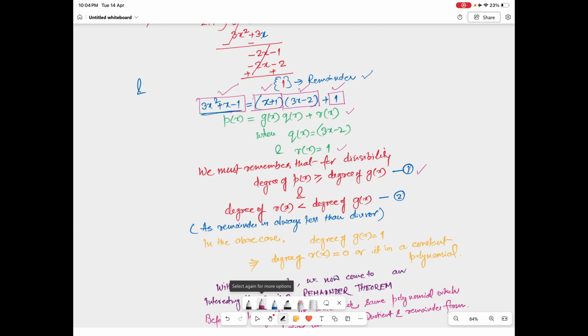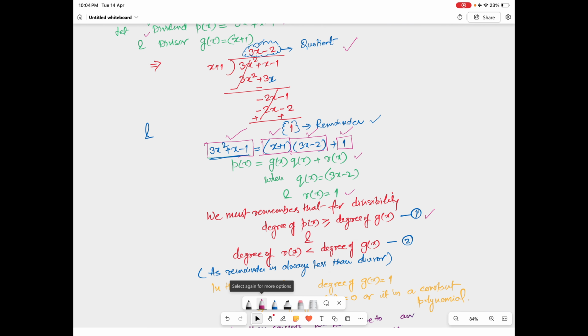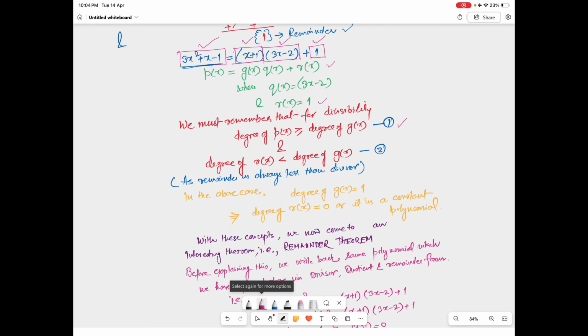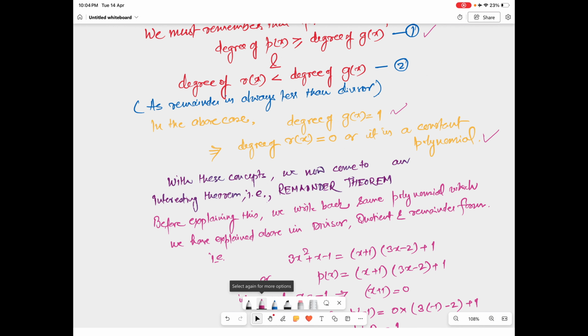I mean to say that the remainder will always be less than the divisor. So, the degree of r(x) will always be less than the degree of g(x). Now in this particular case, the divisor is x plus 1. It has degree 1. Therefore, the remainder will have degree 0. Degree 0 means this will be a constant polynomial. So I have written this so that you understand it in a better form.